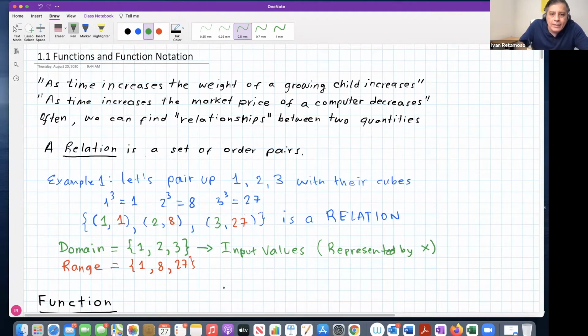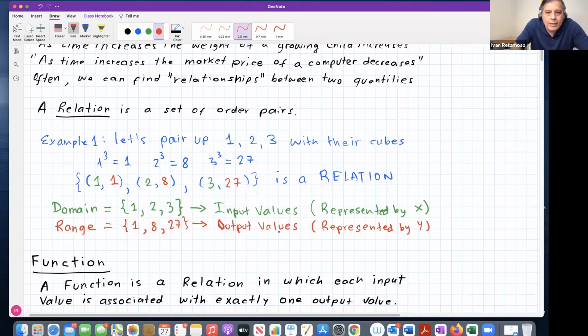They do the same with the range. They call the elements of the range the output values, and a symbol to represent the output values is Y. So X inputs, Y outputs. Great.